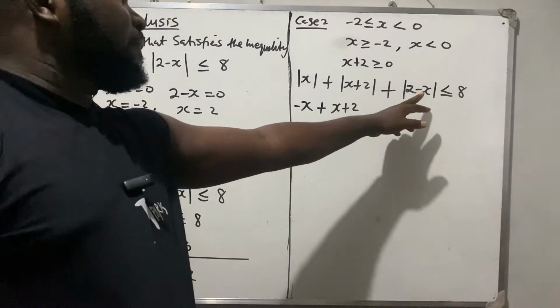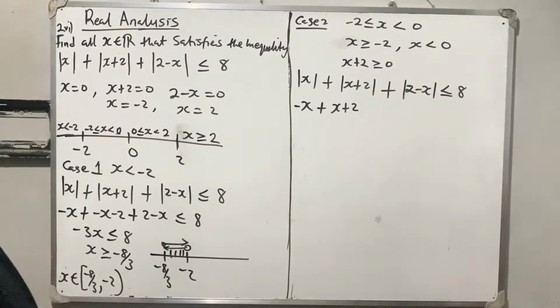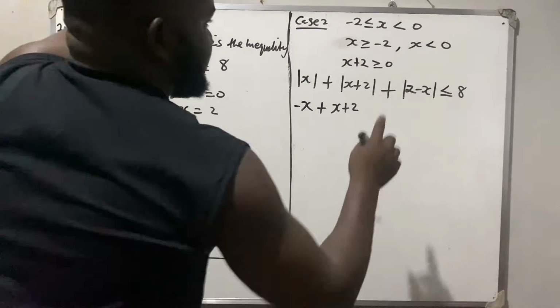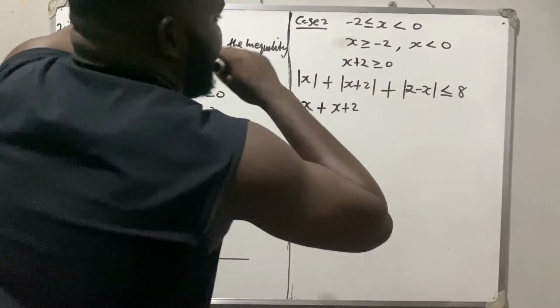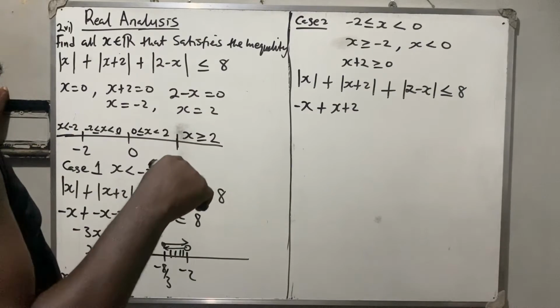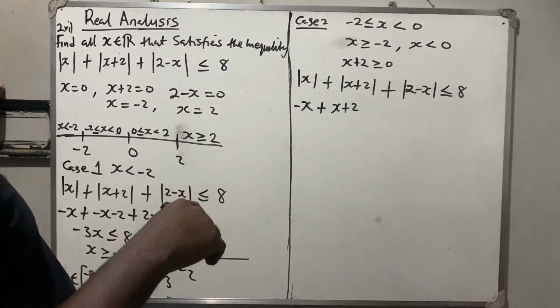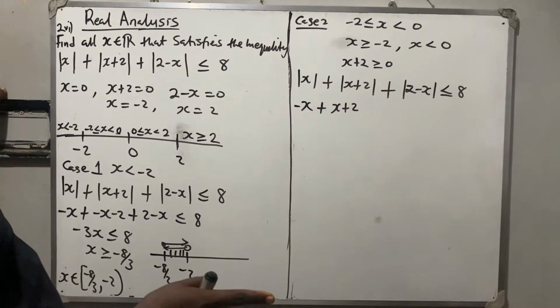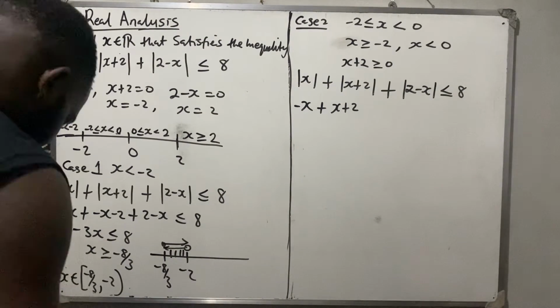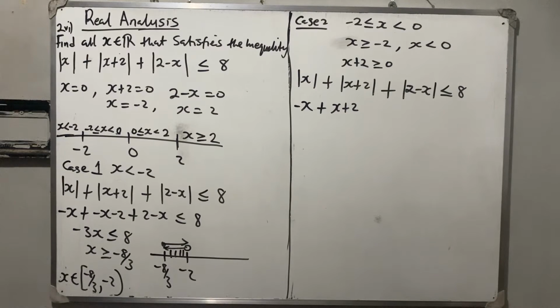And then for this one, let's pick any number that is in between minus 2 and 0 and check what is going to happen.